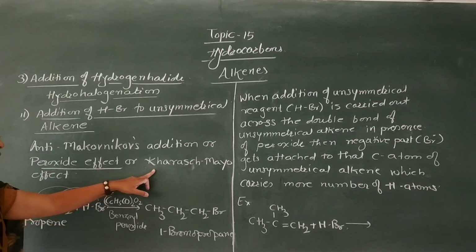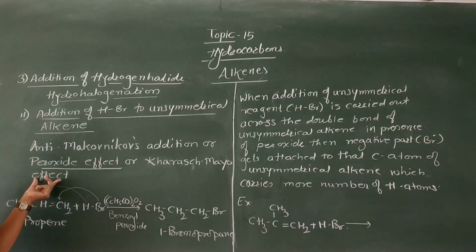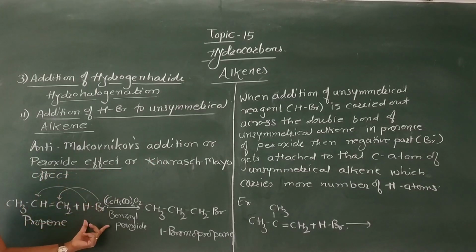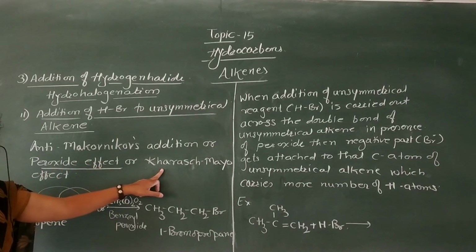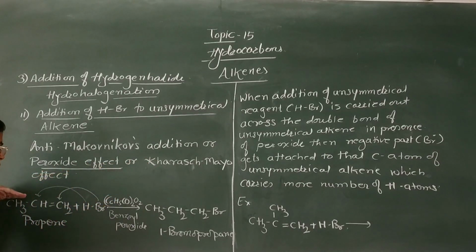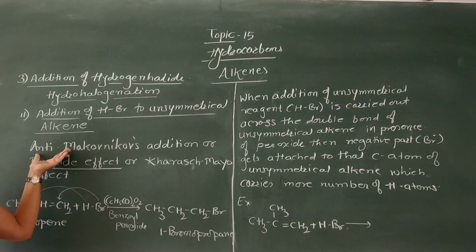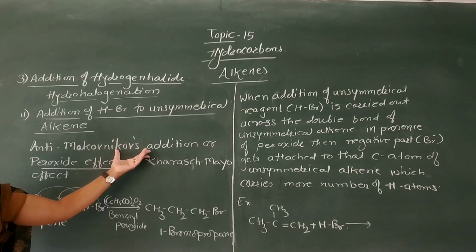These 2 scientists, that is Kharasch and Mayo, studied this reaction and therefore it is also named as Kharasch-Mayo effect, and this reaction is carried out according to anti-Markovnikov's rule. Therefore it is also named as anti-Markovnikov addition.